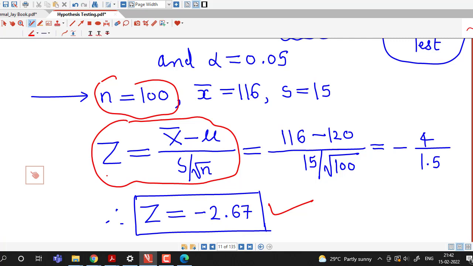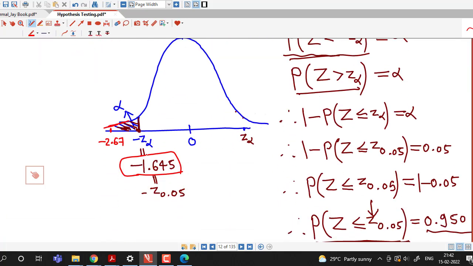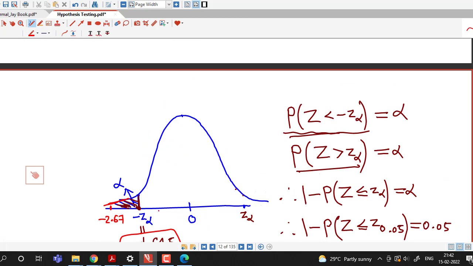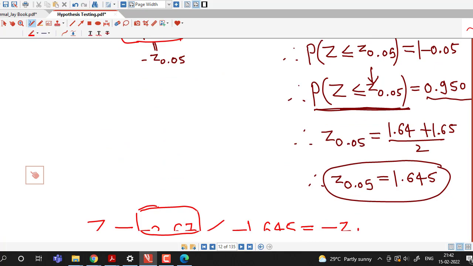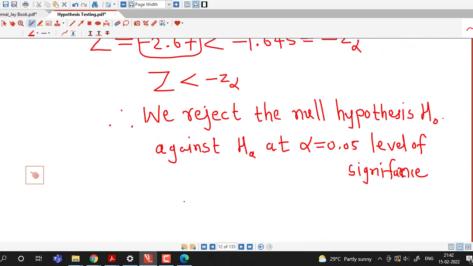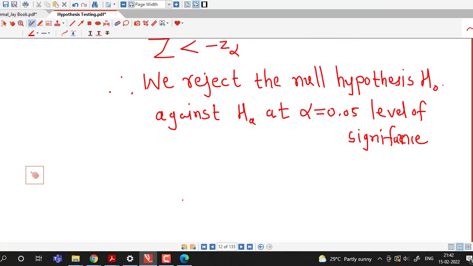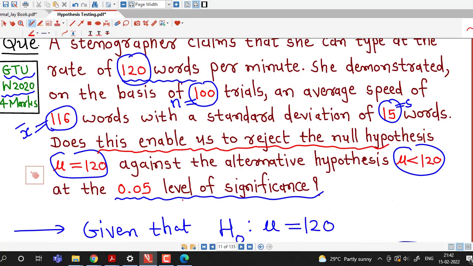Using the formula of the corresponding statistic, we calculate its value, and after that, using the level of significance, we find the critical region or rejection region. If our calculated value of the Z statistic lies in the rejection region, we reject the null hypothesis. Otherwise we are not able to reject the null hypothesis. So in this way we can answer this type of question.